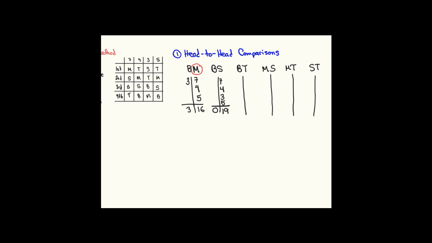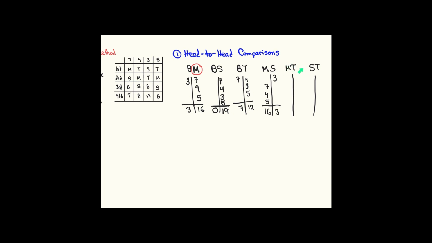So B gets 7 votes from the first column, and T gets 4 plus 3 plus 5, which is 12 votes total against 7 for B. For the next pair, M versus S, M is higher than S in all columns except the third one. So S gets 3 votes and M gets 7 plus 4 plus 5. Adding up, we get 16 votes for M, 3 votes for S.